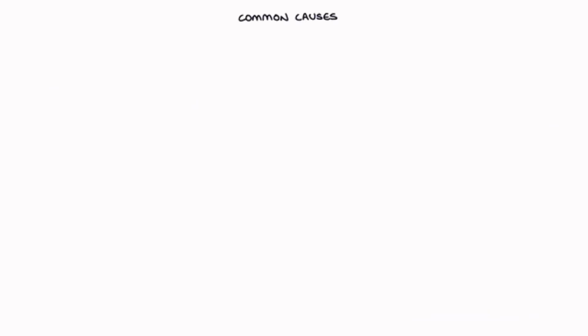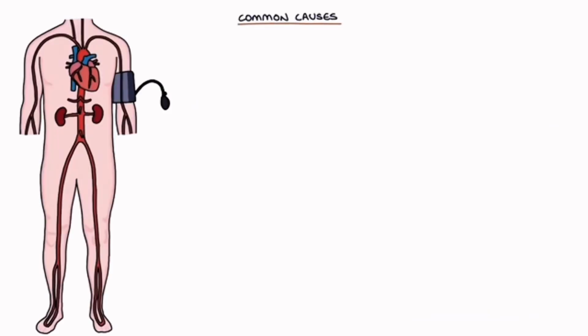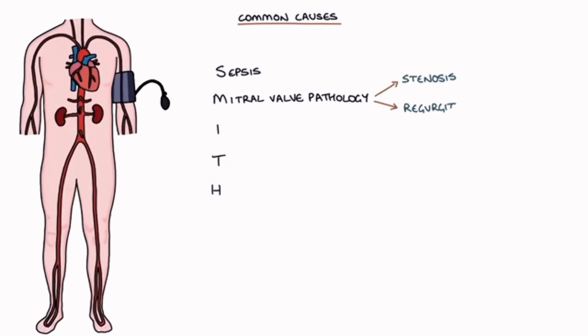So let's talk about the common causes. The most common causes of atrial fibrillation can be remembered with the SMITH mnemonic. S for sepsis, M for mitral valve pathology, such as mitral valve stenosis or regurgitation. I for ischemic heart disease, such as angina or myocardial infarction.